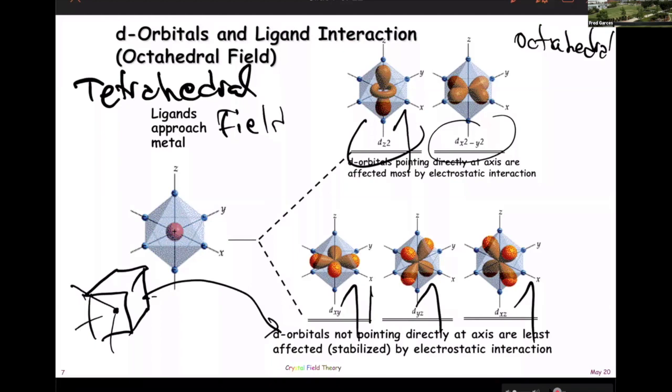And so these orbitals right here are the ones that are going to be disturbed the most. And so for a tetrahedral field, it's actually the opposite. It's going to be 3 on top, these 3 on top, and 2 on the bottom, these 2 on the bottom. And that's what you saw in the movie.